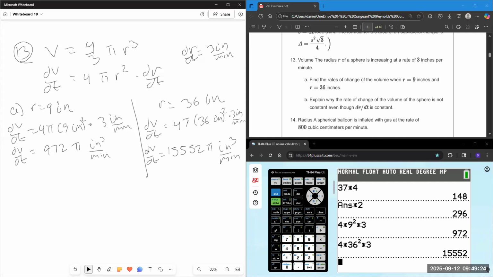15552, yes. Part B asks, explain why the rate of change of the volume of the sphere is not constant, even though dr/dt is a constant.